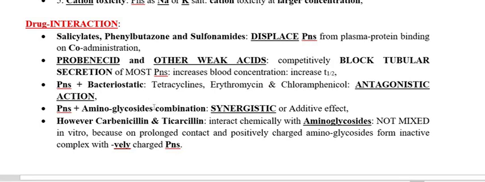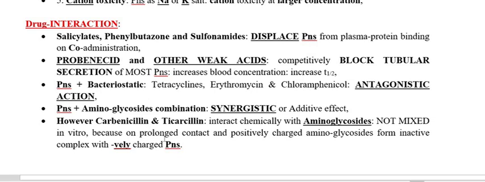Another important point is that penicillin and aminoglycoside are usually administered to the patient separately. This is better, particularly for carbenicillin and ticarcillin.